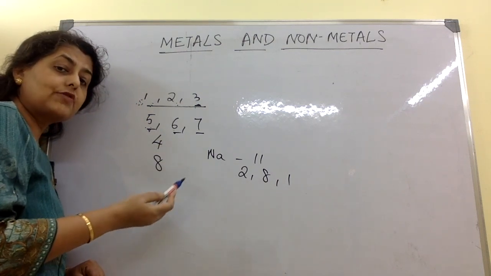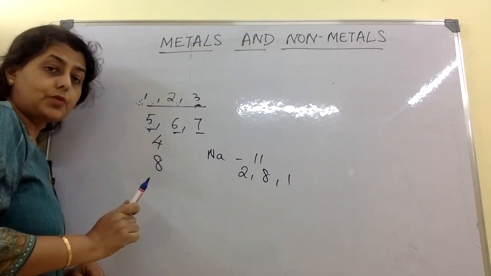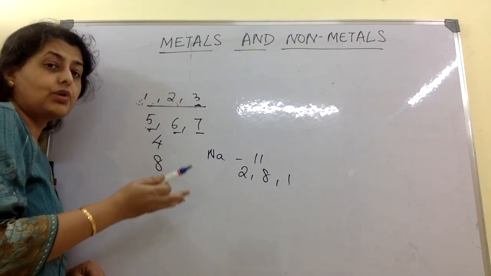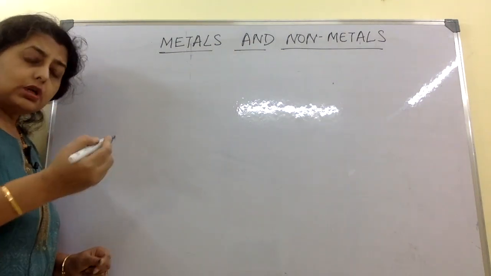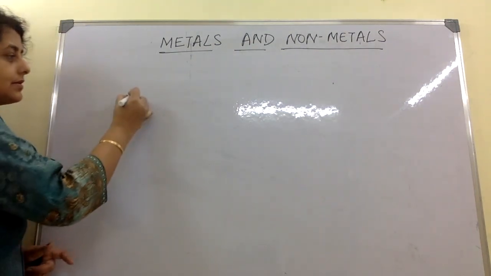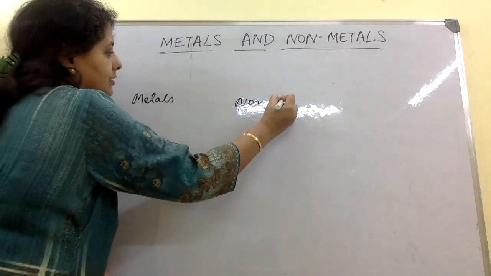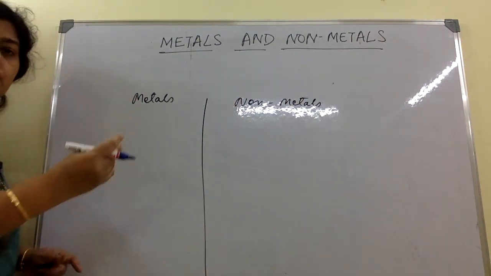So when talking about metals and non-metals, this is one of the physical properties I am discussing: why metals are good conductors of electricity and non-metals are bad. What are the other physical properties of metals and non-metals?